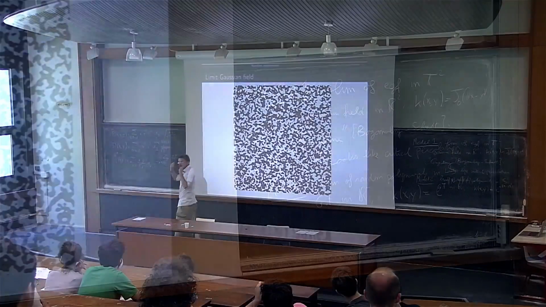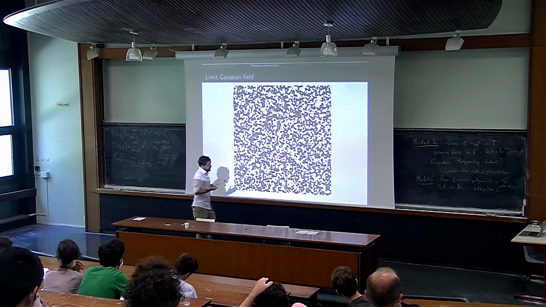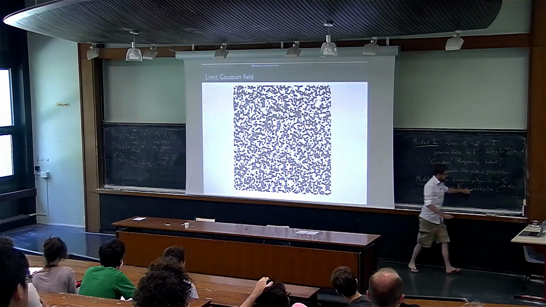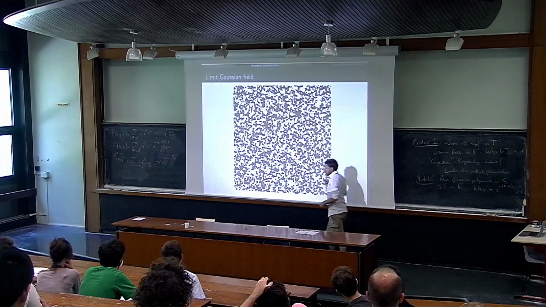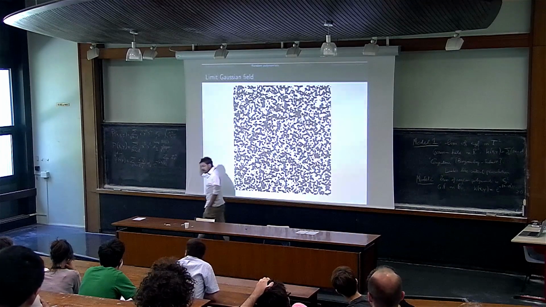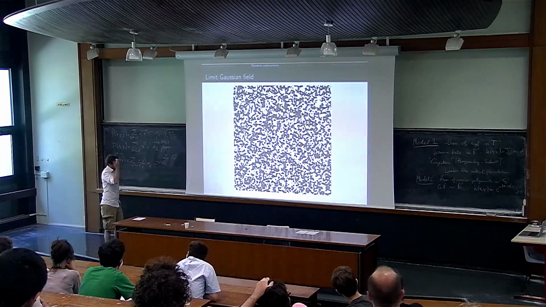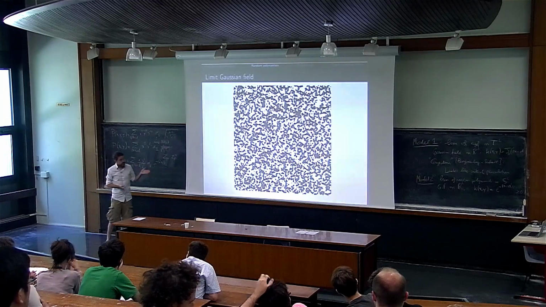The correlation function decays very quickly. And the second thing, which is actually even more important, is that this correlation function is positive. And you will see why this is crucial in a minute. So this is the model we want to consider, because that's the one on which we are able to prove something non-trivial.